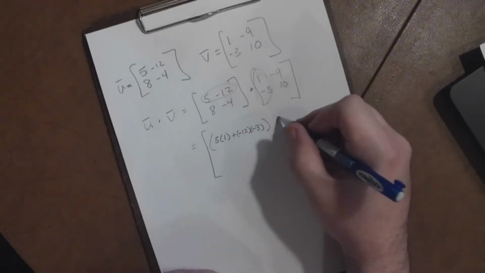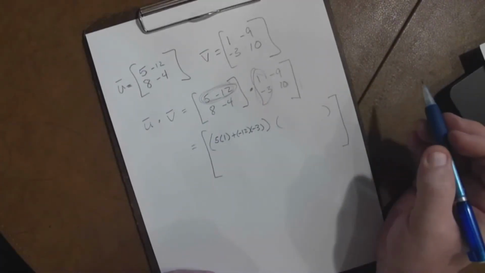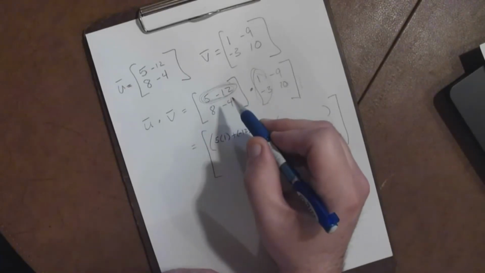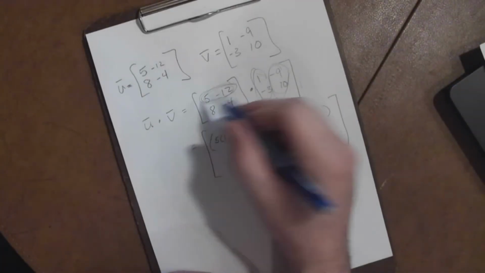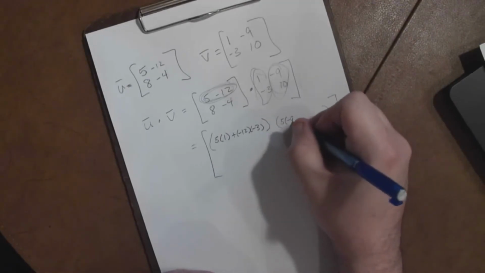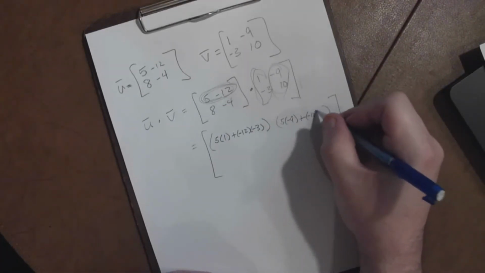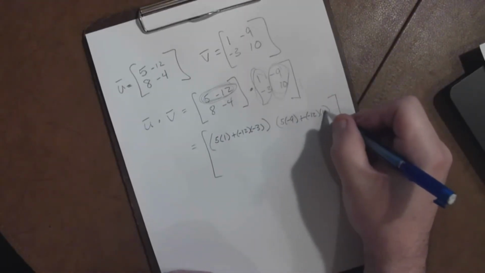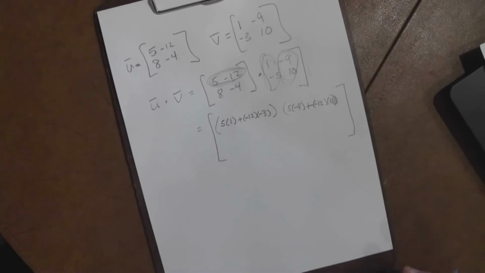The second component will come from the first row, 5, negative 12, times the second column, negative 9, 10. So it'll be 5 times negative 9, plus negative 12 times 10. And you can see I use parentheses rather liberally here because I want to illustrate these calculations with multiplication and not confuse them with additions and subtractions, and follow a proper order of operations.